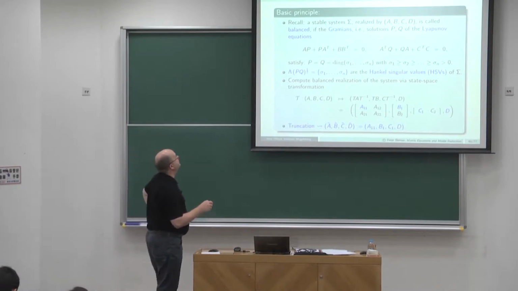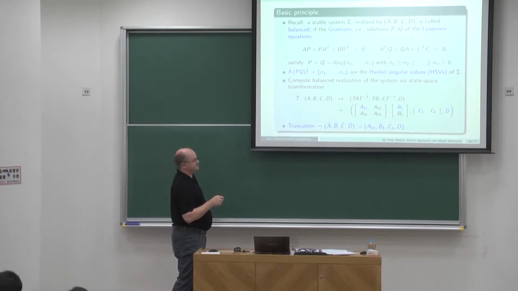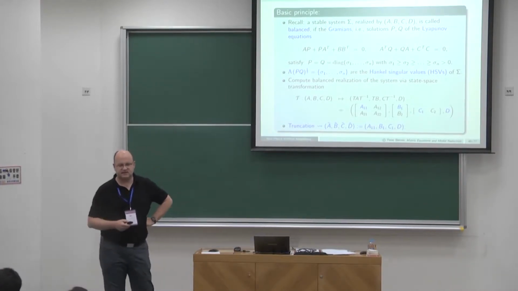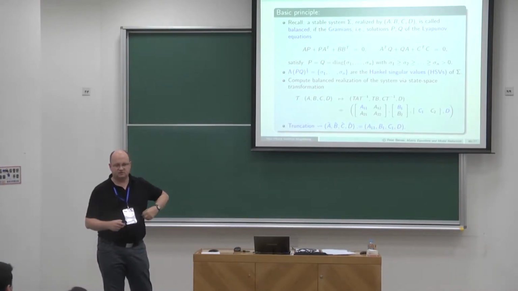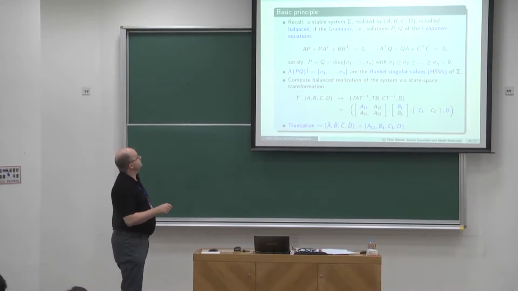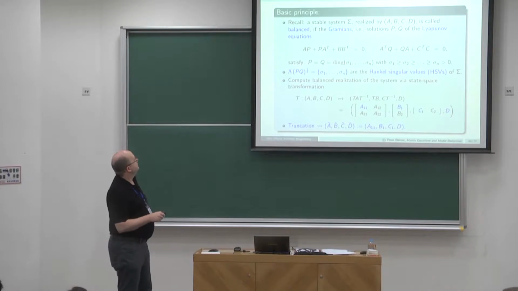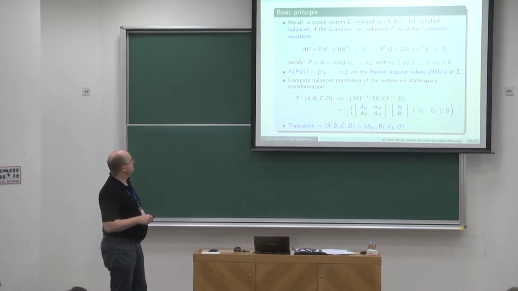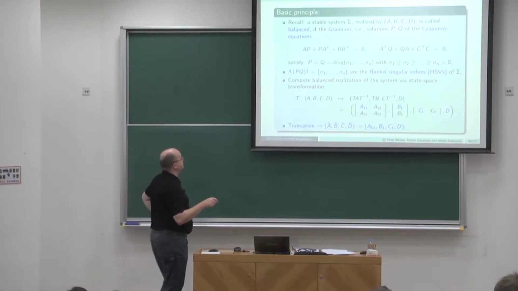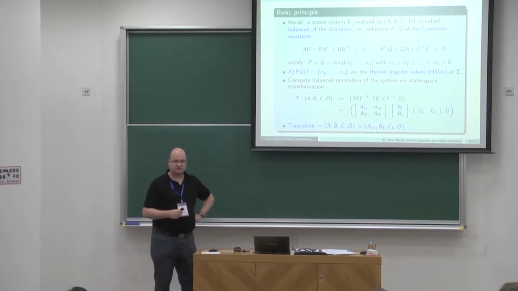Point A, the problem that we have to face is that solving these Lyapunov equations is quite a challenge. As I said already yesterday, you have n squared unknowns if the dimension of your state space is n. So this is a challenging equation to solve. Point B, you don't want to do that explicitly. You probably don't want to compute the full T, because that will be a dense matrix.